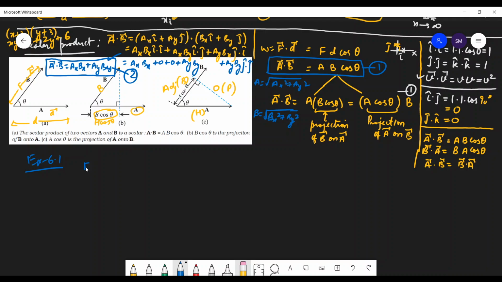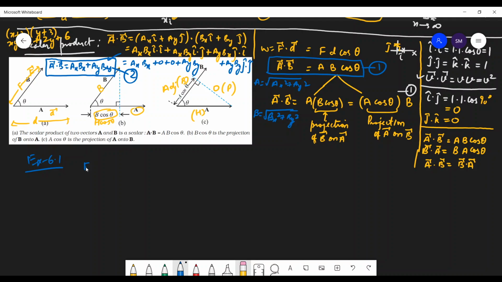This is what I am supposed to find. Now I have one more formula, which is the second formula. So that is multiplying their x, y and z components. So fx into dx plus fy into dy plus fz into dz. So simply put their values and you will get the theta. So it's so simple to find now.